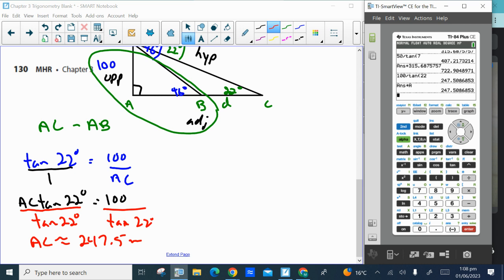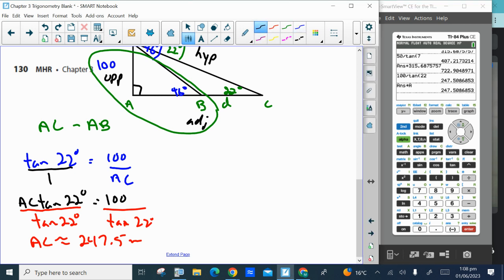So now we need to find AB. And the triangle will be labeled the same. We're just going to use a different angle. But 100 is still the opposite. The adjacent side is AB, which is what we're looking for. So we will use the tangent again, only now the angle is 46 degrees. And it equals opposite, which is 100, divided by adjacent, which is AB. Cross multiply.